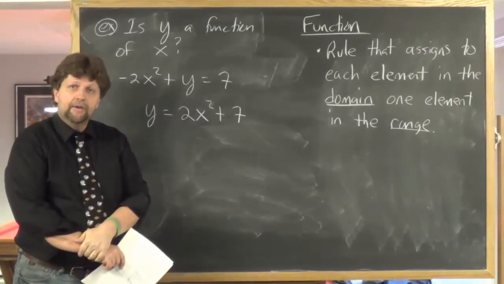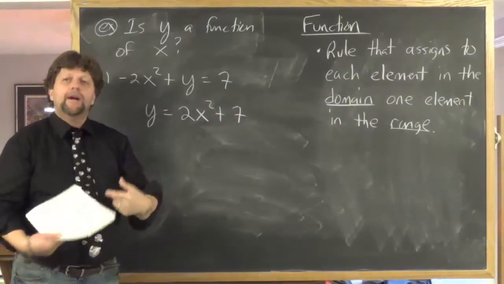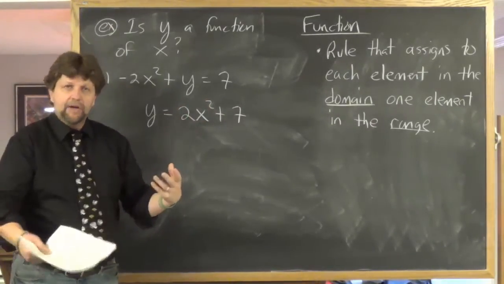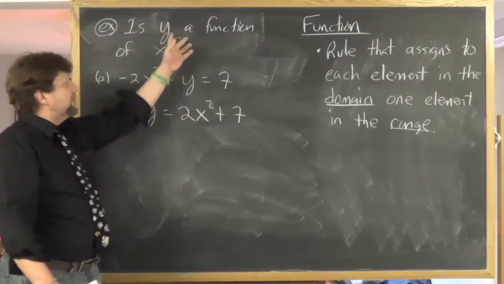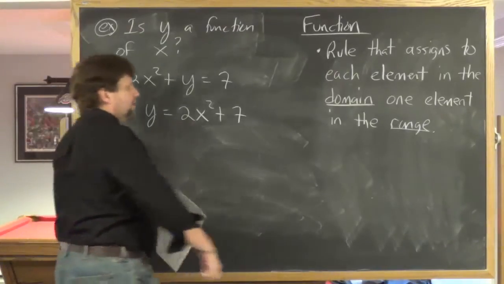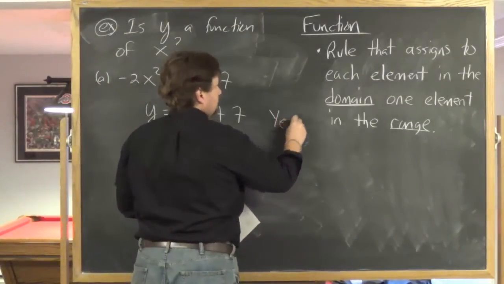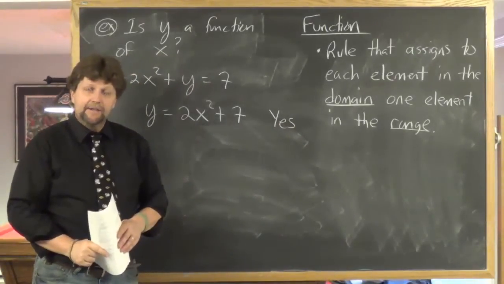Yes, we do. 2x squared plus 7 is a single expression. When we have y equals a single expression, the answer to the question, is y a function of x, is yes. y is a function of x.